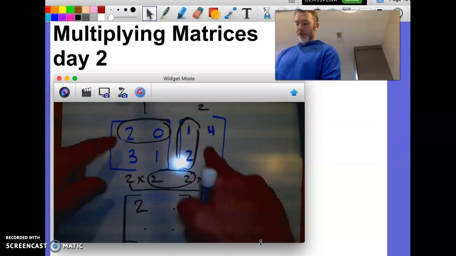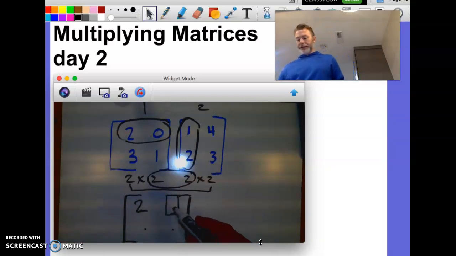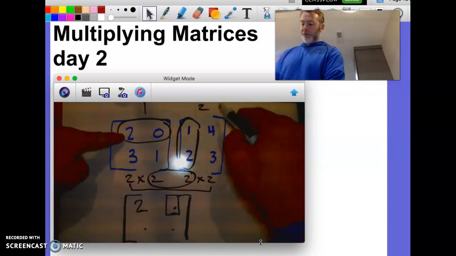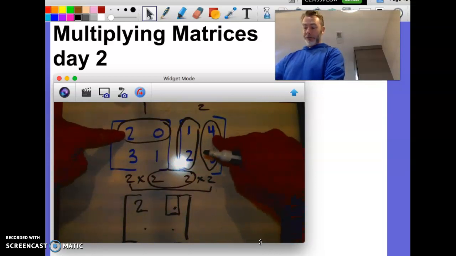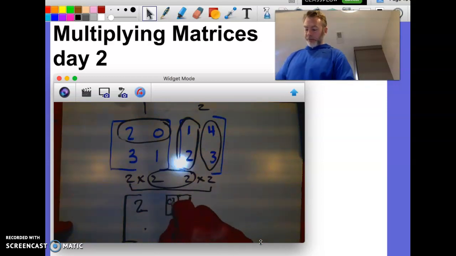And then I just repeat. This spot right here, I'll put a box around it. The address to this is first row, second column. So left hand deals with rows, right hand deals with columns. I'm now going to use this column. First row with my left hand, second column with my right hand. 8, 0. And then I add those up.